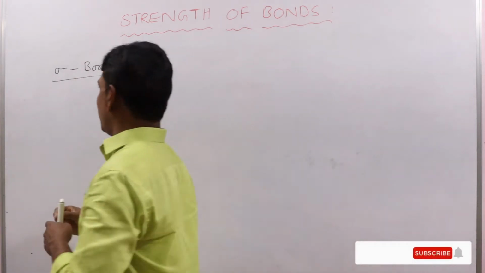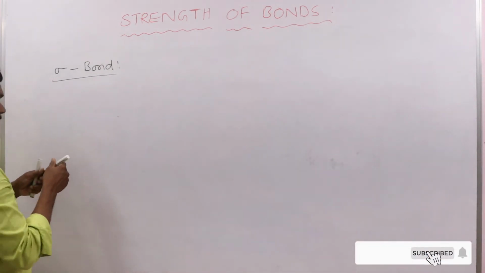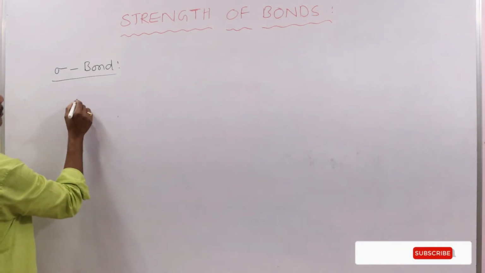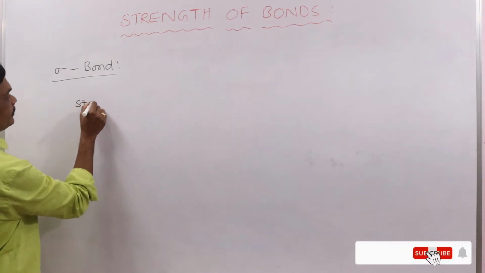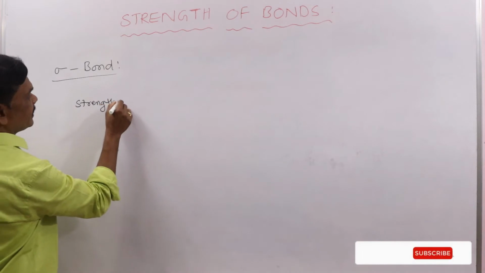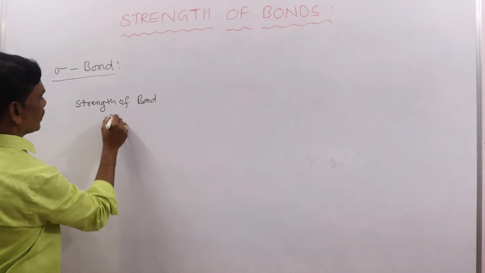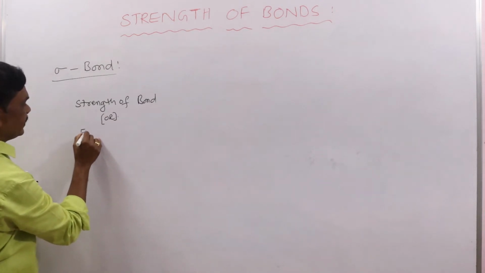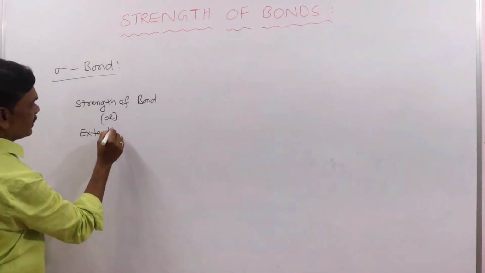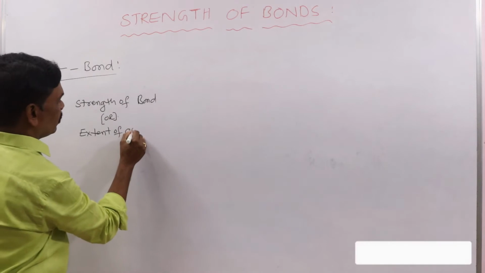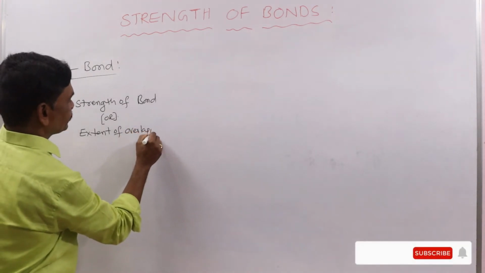So now sigma bond. The strength of sigma bond, or strength of bond, depends on the extent of overlapping.